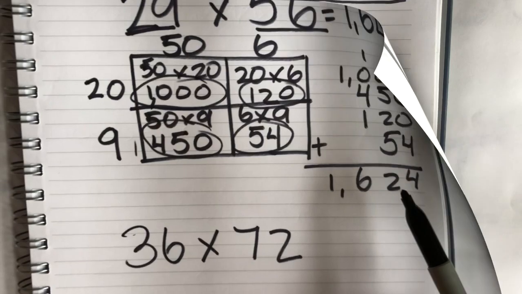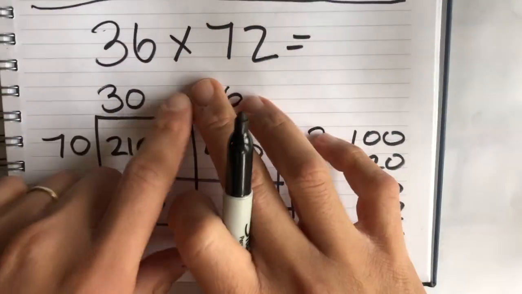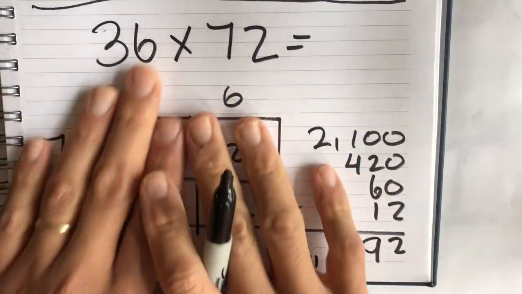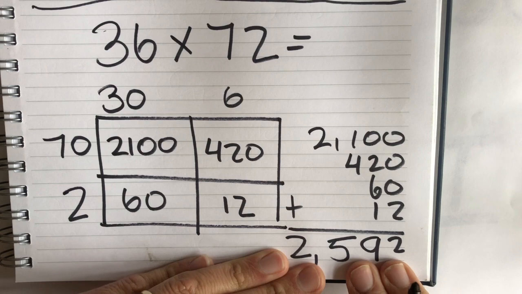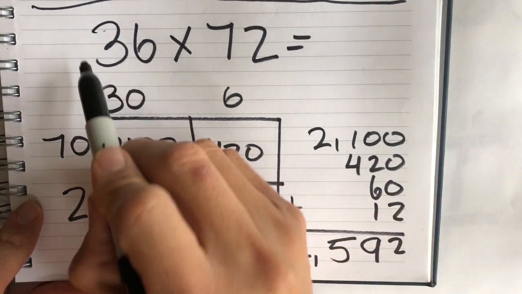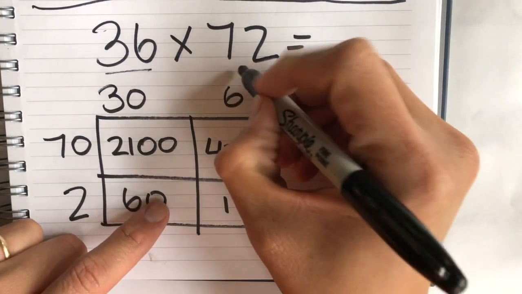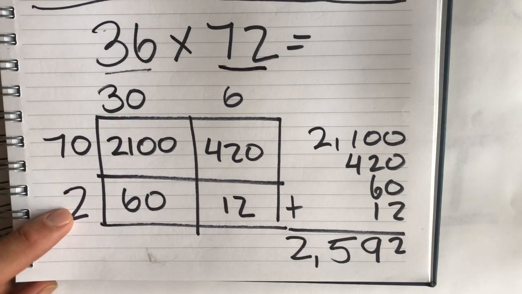Let's get to work. All right, so hopefully you have your area model for this multiplication problem. Hopefully it looks a little bit like this. Okay, so just double check your answer. Again, I took this 36 here and broke it up as 30 and 6, and then broke down the 72 as 70 and 2.